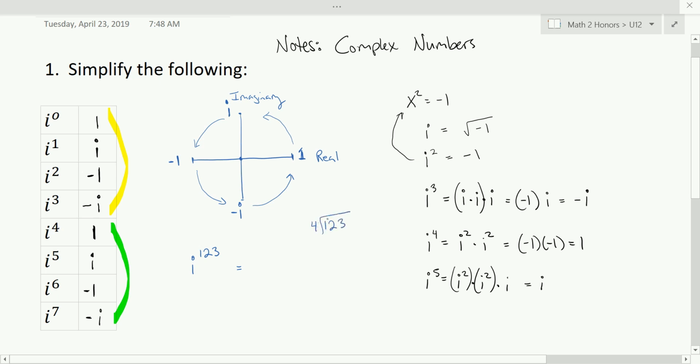So 4 goes into 12 3 times, and then 4 doesn't go into 3. Sorry, I'm messing up here.